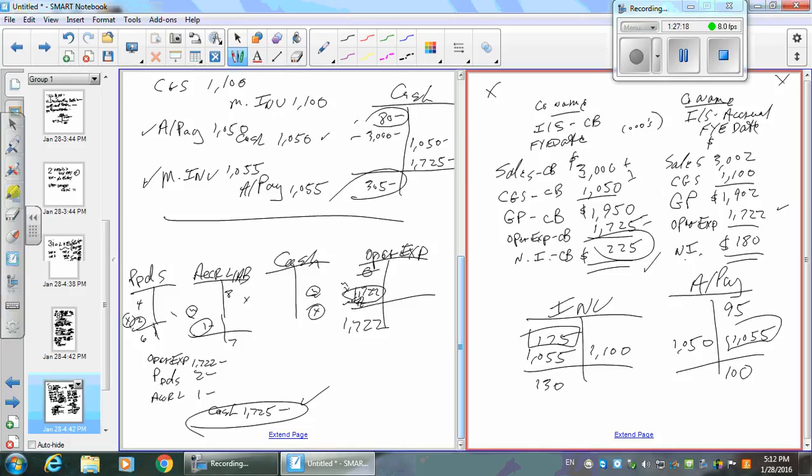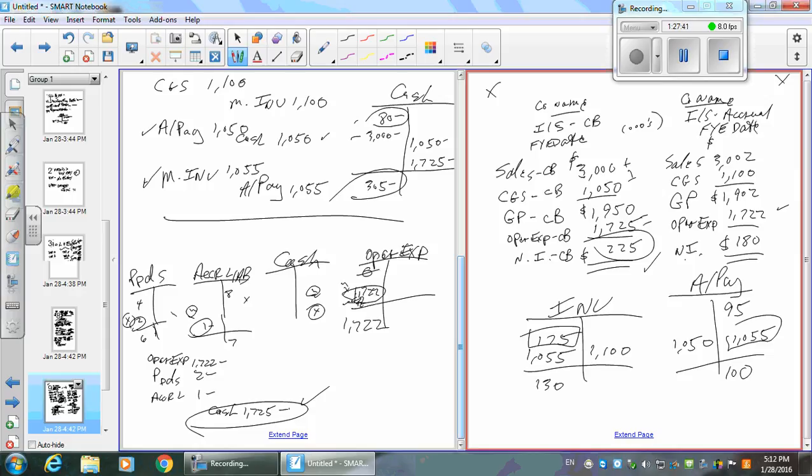You're converting your cash basis income statement to an accrual basis, or accrual basis to cash basis, one way or the other, right? We can do a cash basis balance sheet too, or an accrual basis balance sheet. When you do the income statement, it automatically converts it.